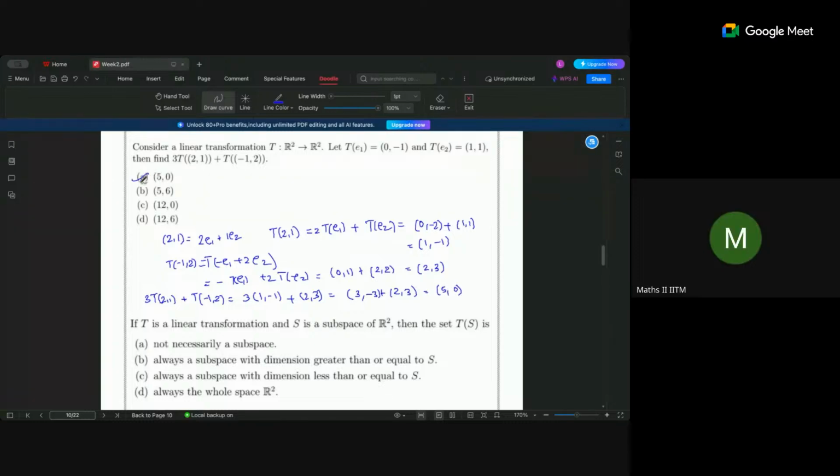Okay. Can anyone suggest a different technique for this? Instead of finding T of two elements, I want to find the answer by finding T of just one element. How can we do that? Can anyone tell me? Using a matrix? No?